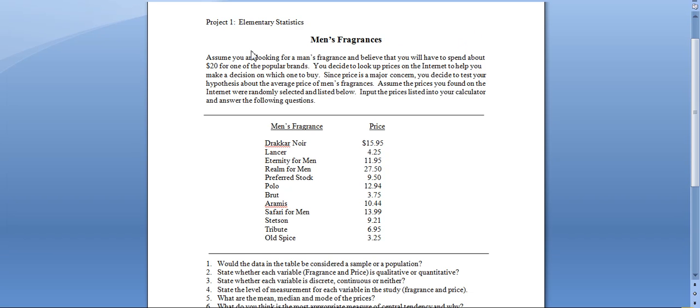You're given a little bit of information in the projects, and it says here that you are thinking you have to spend about $20 for one of the popular brands, so you decide to go on the internet and look up some prices. Here are the prices of the men's fragrances that you look up.